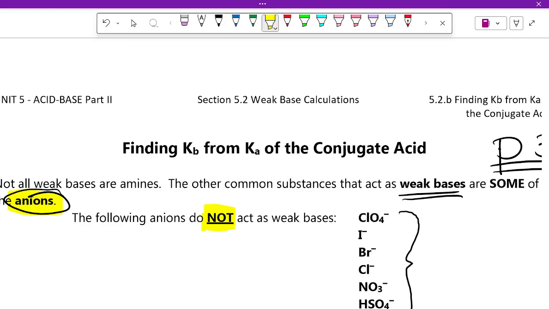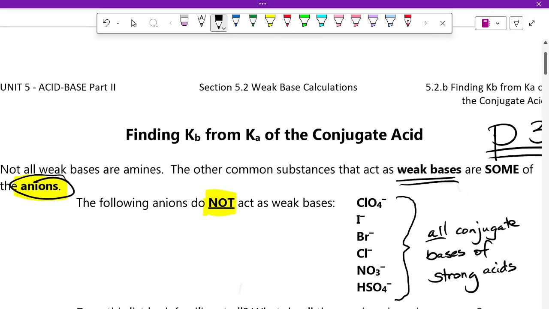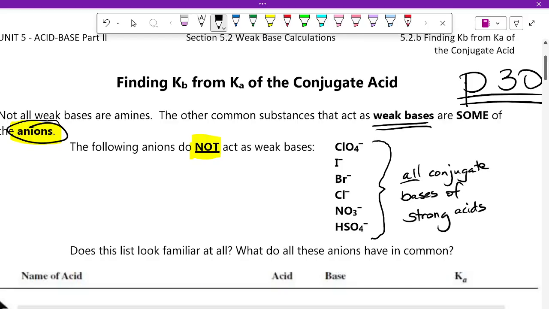They are all conjugate bases of strong acids.